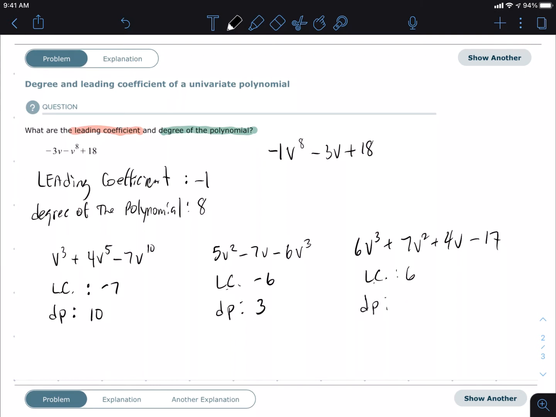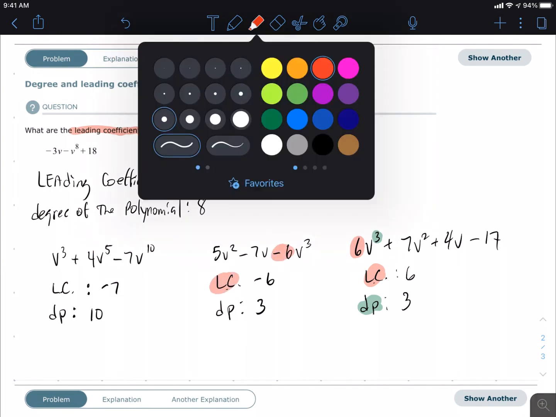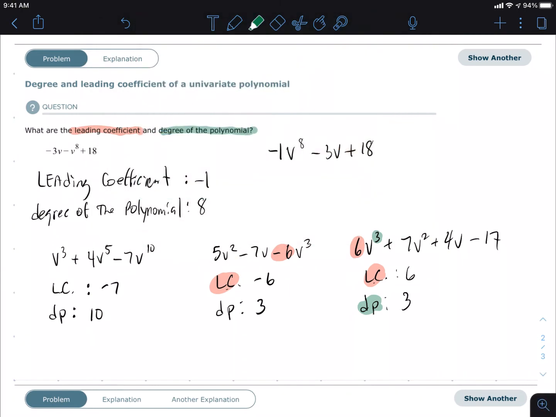The degree of the polynomial? 3. Should be 3. This is how I got that, just to demonstrate it, because it's the highest exponent, right?